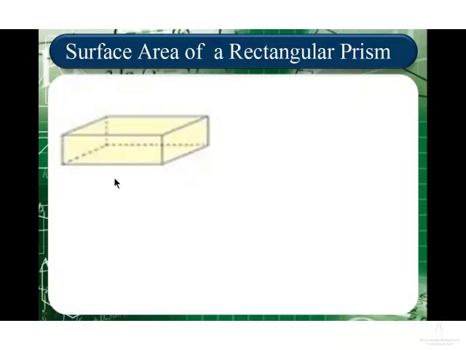Let us consider an example where we find the surface area of a rectangular prism. Here we have the representation of such a rectangular prism with the 3 length measures L, B and H representing length, breadth and height respectively.